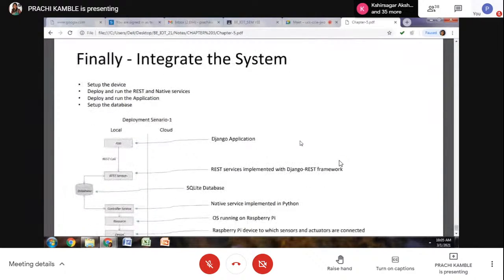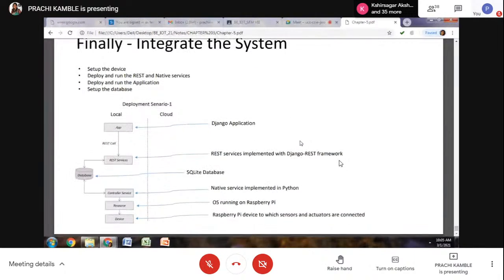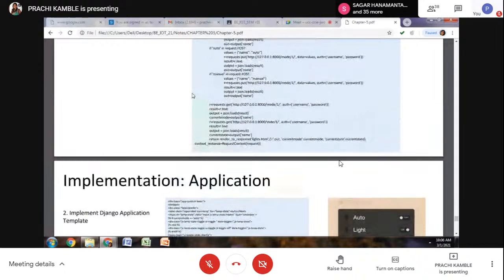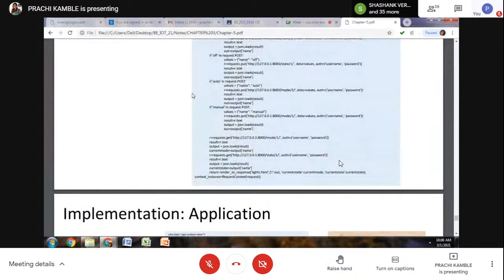Finally, the integrated device system consists of device, resource, controller, device database, REST services, app, local, and these are the platforms it operates on. That is: set up the device, deploy and run the REST and native services, deploy and run the application, and set up the database. This is about controlling the light action in home automation.